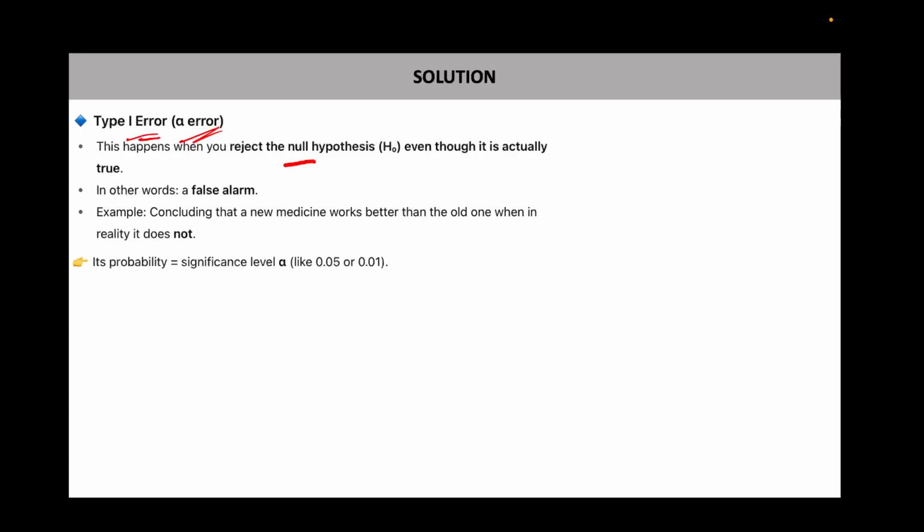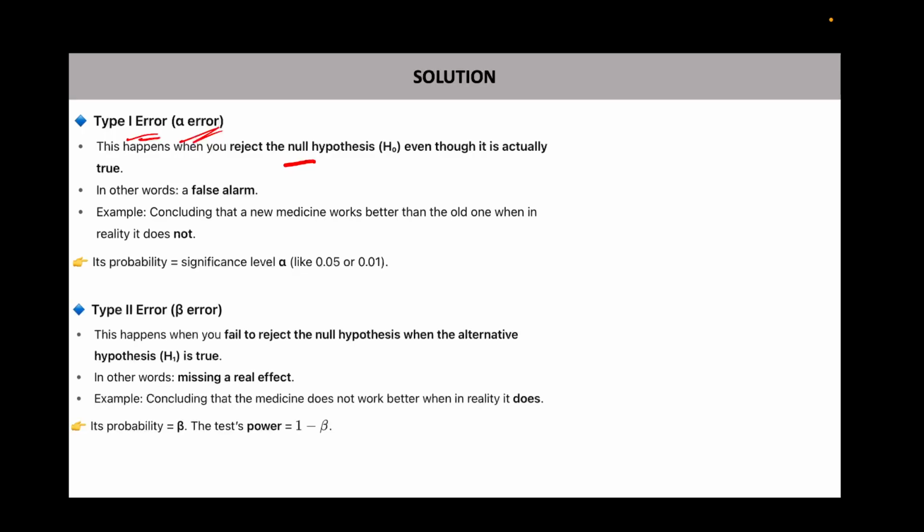Our null hypothesis would have been that the new medicine is not better than the old one, but we rejected it. That means we are saying that the new medicine works better than the old one, but in actual case, that is not true. So when you reject the null hypothesis when it is not actually true, that is a type 1 error, or the alpha error.